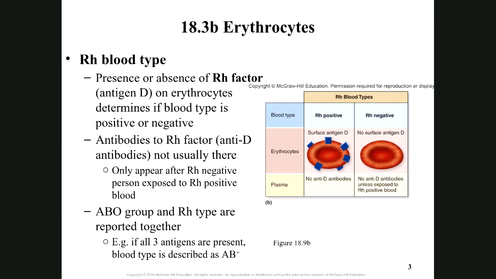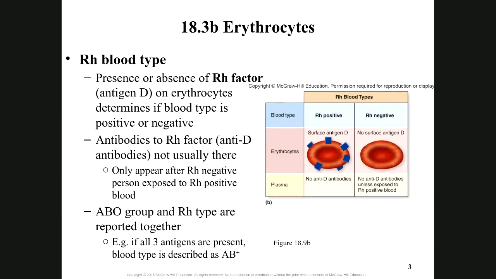We also have an RH blood, and the presence or absence of this we call an antigen D. We'll determine if we are RH positive or RH negative. If you are RH positive, you have this surface D antigen, or you're RH positive because you have this specific antigen on the outside of your red blood cells.